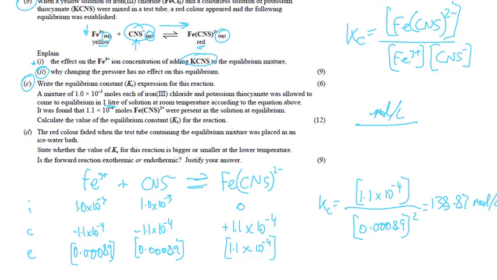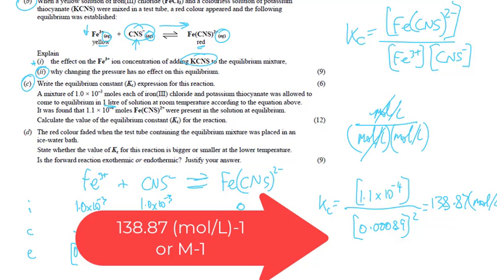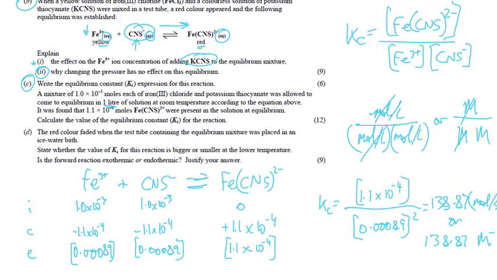Moles per liter over moles per liter by moles per liter. Cancel, cancel. So that's moles per liter to the minus 1. Or that can be written as molarity to the power of minus 1. So I end up with 138.87 and molarity to the power of minus 1.